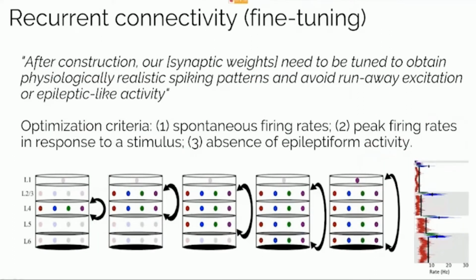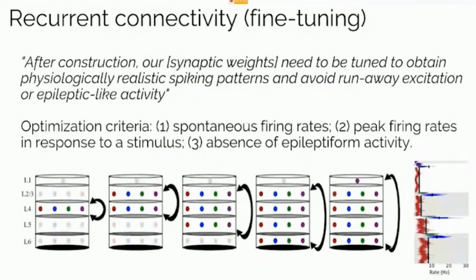The recurrent connectivity parameters need to be fine-tuned to set the right operating condition for the network. The optimization employed a small training set consisting of a gray screen to match spontaneous firing rates and of drifting gratings to match peak firing rates. Epileptic-like activity, where the network would ramp up to have a large global burst of activity and then enter a period of silence until the very next rapid burst, is observed for some parameters, but was avoided by the optimization procedure.